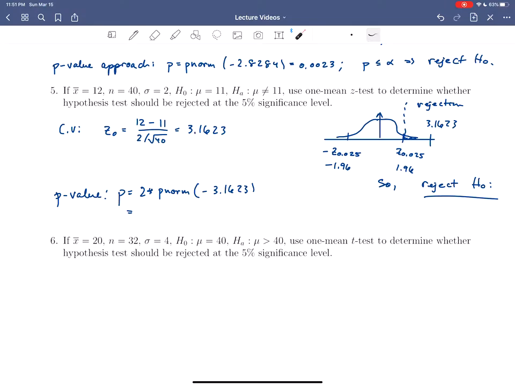So if we type it in, 2 times pnorm minus 3.1623, and lo and behold, it's 0.0015. Even after it's multiplied by 2, it's 0.0015.